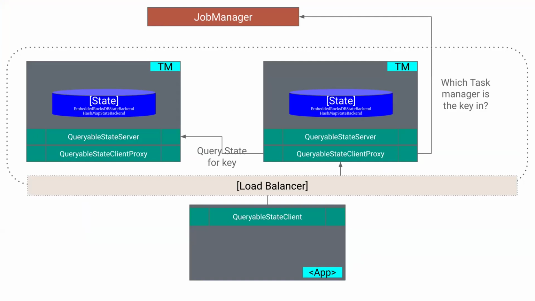The point is, it actually works at the intersection of three different subsystems. You have a queryable state client, which is talking to two server-side components. One is the queryable state client proxy, which is responsible for talking to the job manager and understanding where the key that I want to query is.